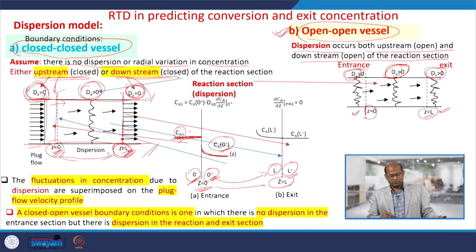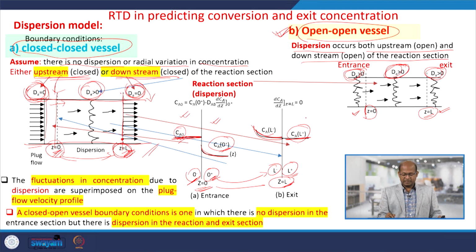At this point dispersion is there; here there is no dispersion. At z equals L, once it is leaving the reactor, C_A at L plus is a straight line, but here it is like this, meaning there was dispersion, therefore up to C_A at L minus the concentration changes.